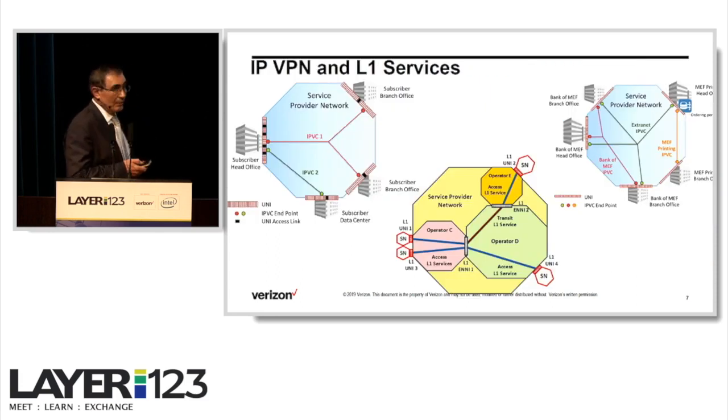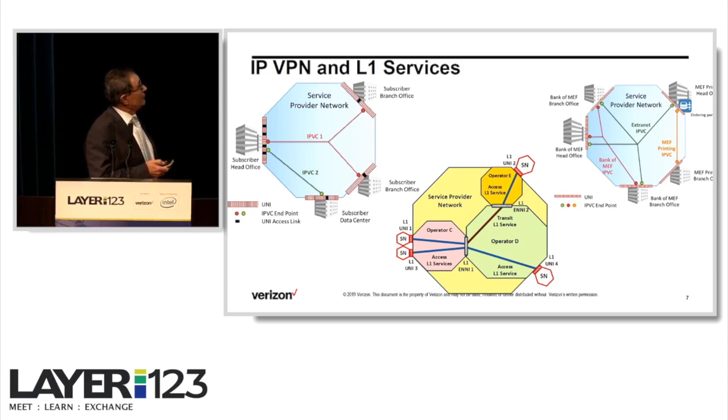Now, we also have IP services. As you can see on the left side, we have point-to-point IP virtual connections. And right at the top, you have the multipoint connections as well. So it's really a similar concept. We map from layer 2 up to layer 3.